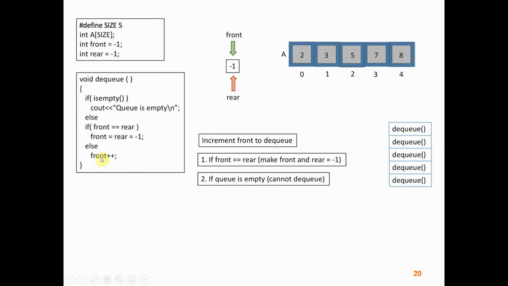Else, we have to check if the number that we want to dequeue is the last element of the queue. If that's the case, we have to change the rear as well as the front. In that case, we make both of them -1 so that we know the queue is empty. Otherwise, we just need to increment the front.